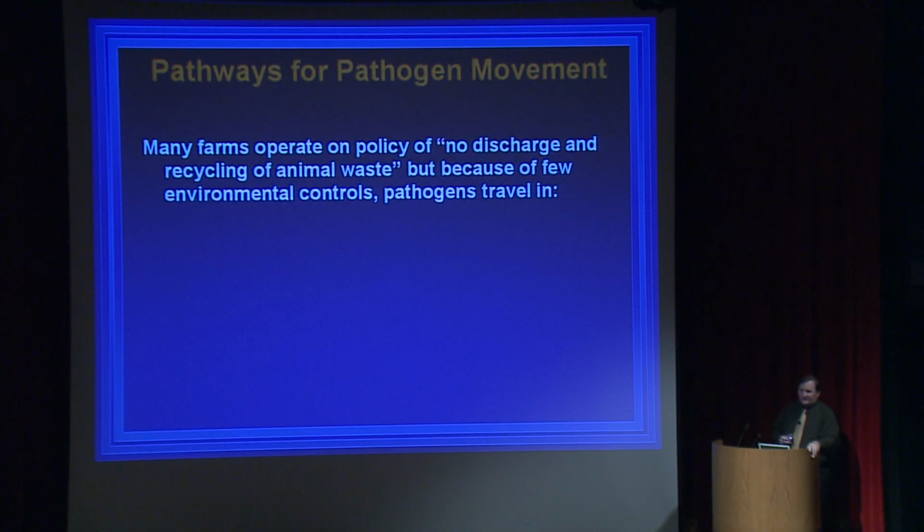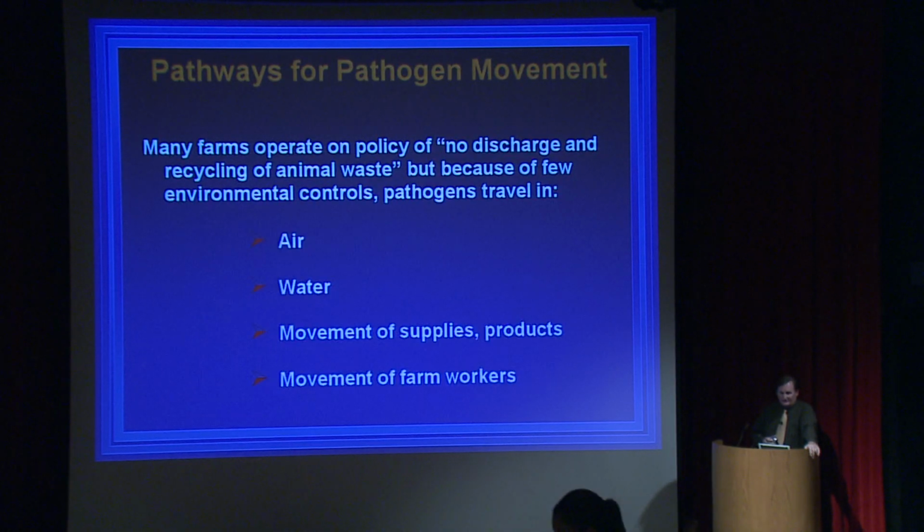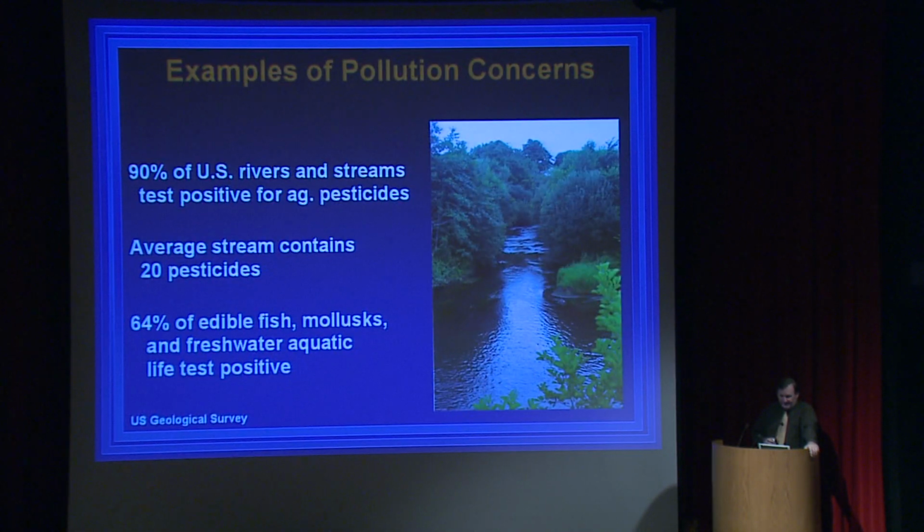The impact on the environment is considerable, and there is a lot of concern about how the pathogens in these things move through air and water and movement of human beings. Here are some statistics that show just how severe the pollution can be. 90% of US rivers and streams test positive for these things.